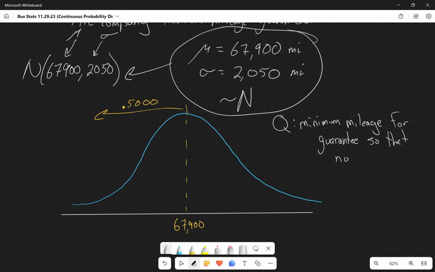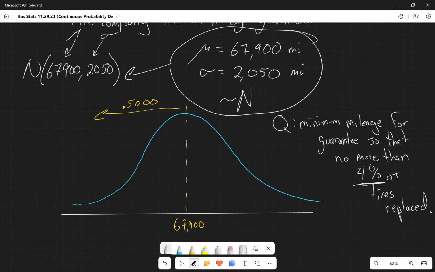So that no more than 4% of tires are replaced. A lot of times when we are given these questions, the last bit of information that we're given in the prompt has to do with the x value, right? But this one, we're solving for the x value.